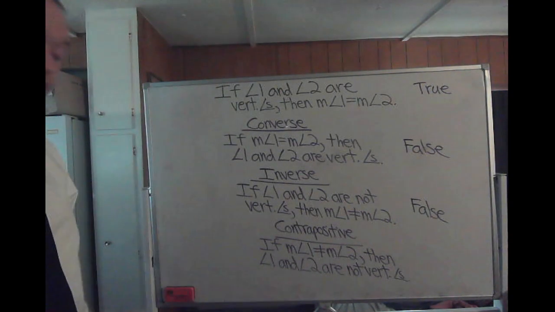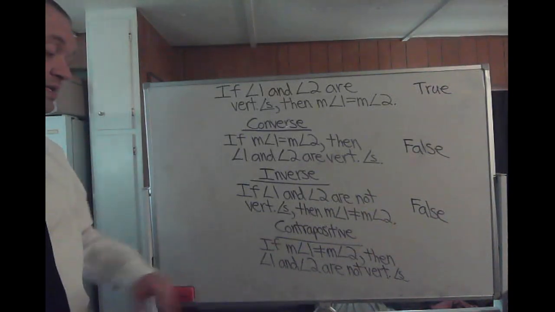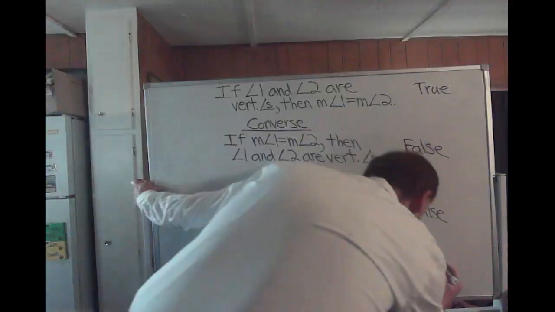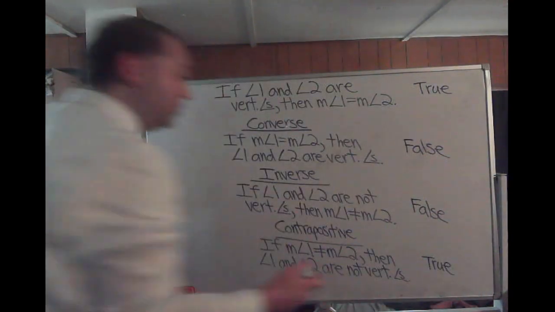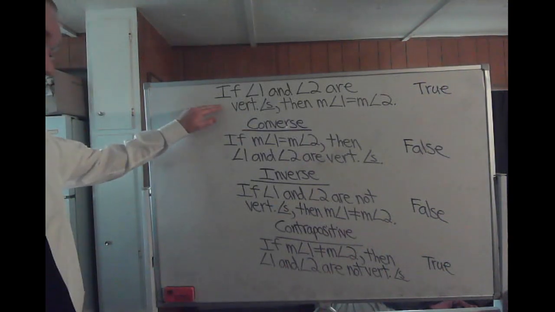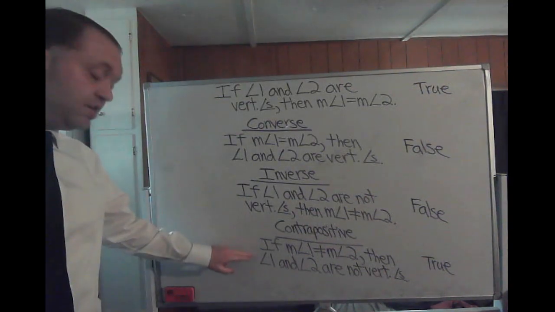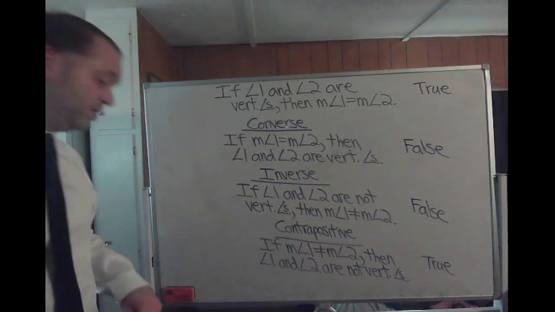Well, that would be true, right? If they were vertical angles, they would be congruent. So this is absolutely true. They definitely can't be vertical angles if they're not congruent. So again, another example of how the original statement and the contrapositive are logically equivalent, and then the converse and the inverse are logically equivalent also.